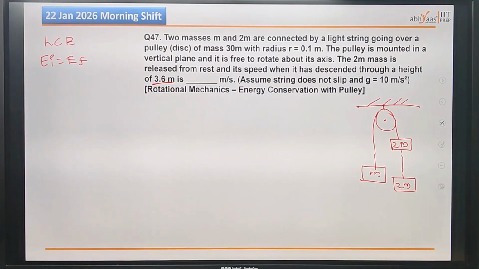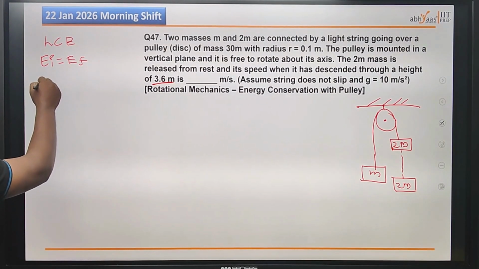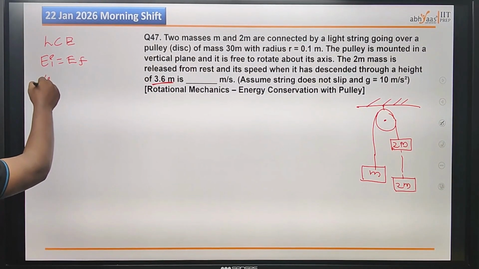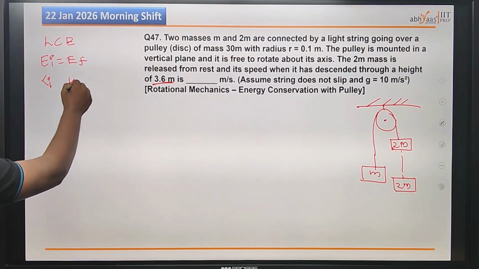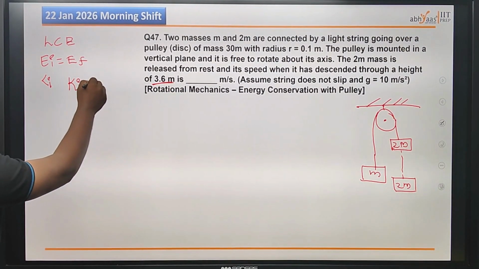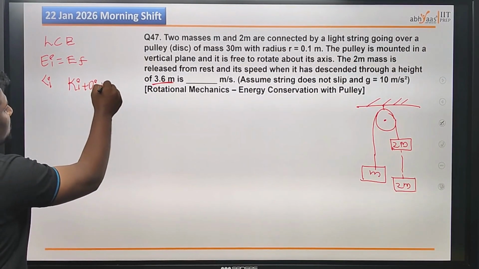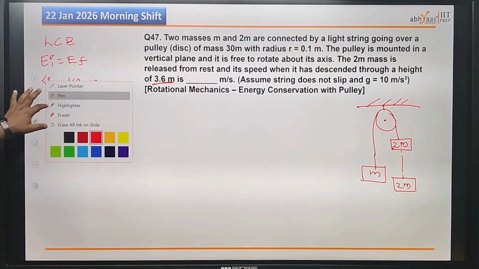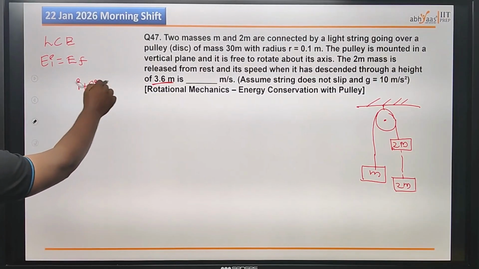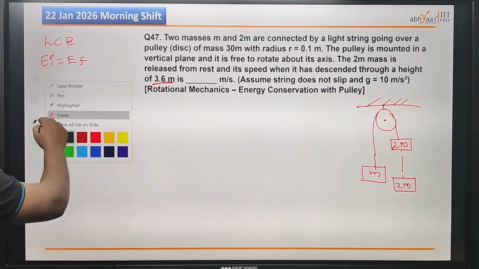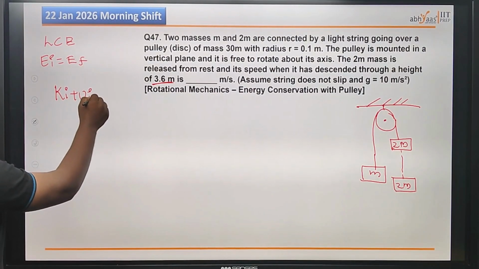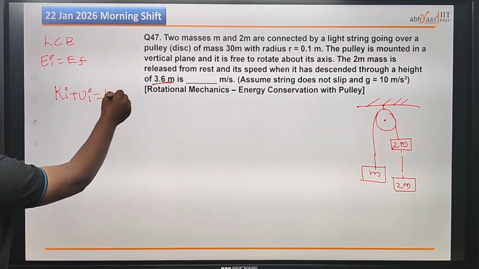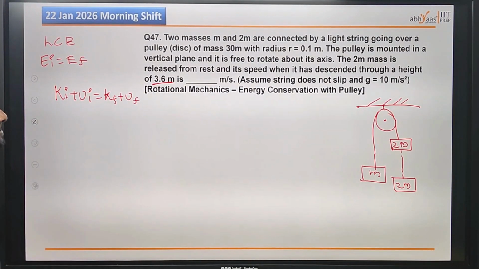So initial kinetic energy plus initial potential energy equal to final kinetic energy plus final potential energy.